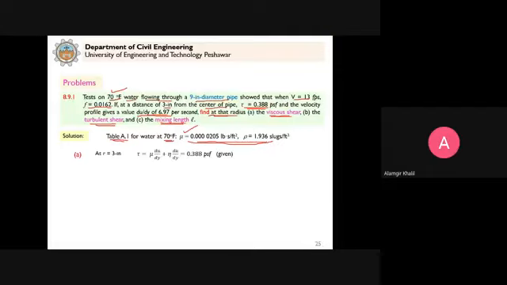We already know that at r equal to 3 inch from the center of the pipe, the total shear stress is equal to the viscous shear stress plus the turbulent shear stress. The total is given, equal to 0.388. First we have to calculate the viscous shear stress, which is the first part of the question.